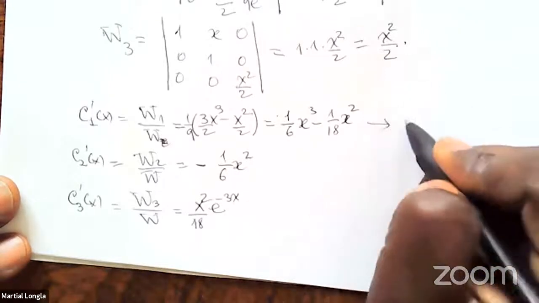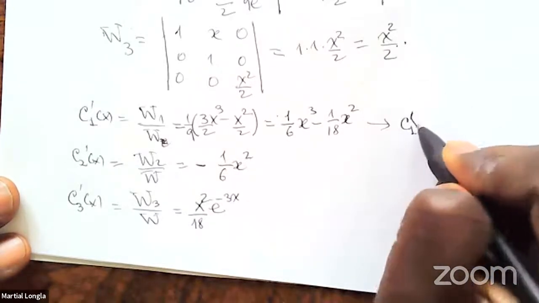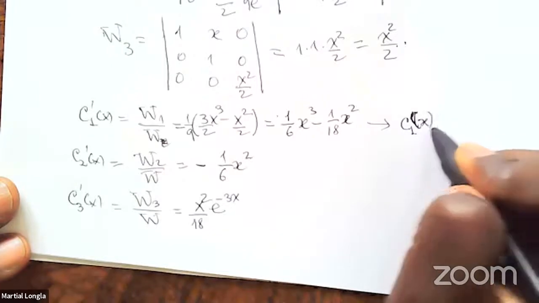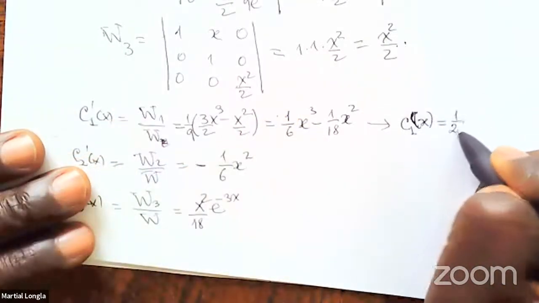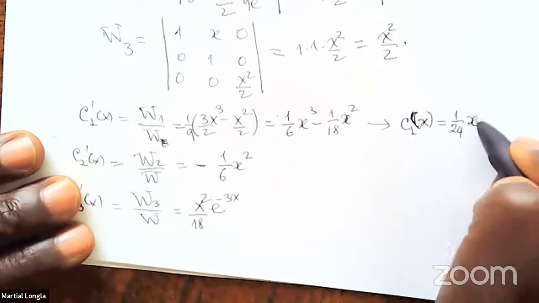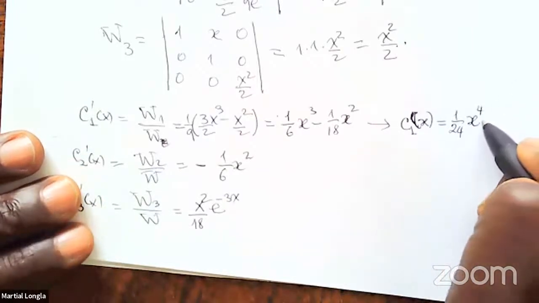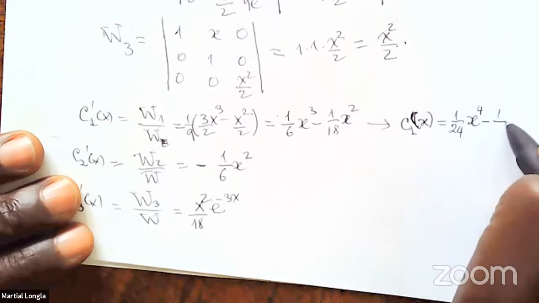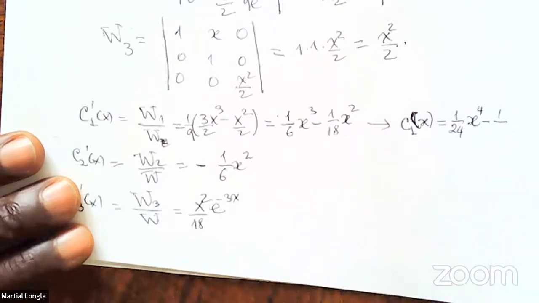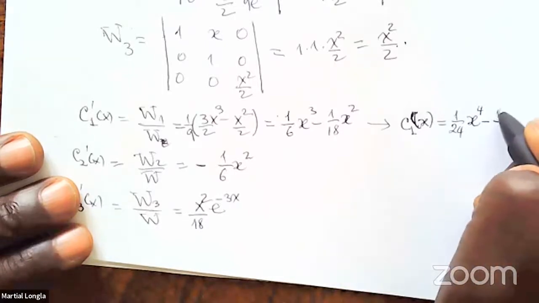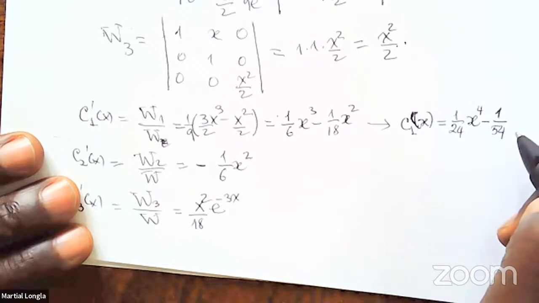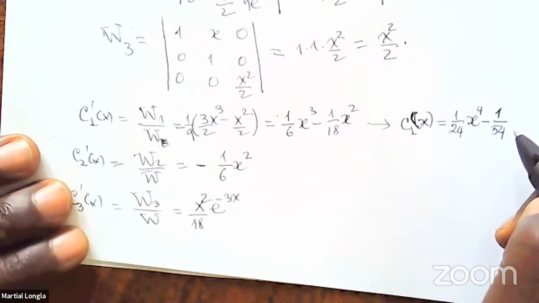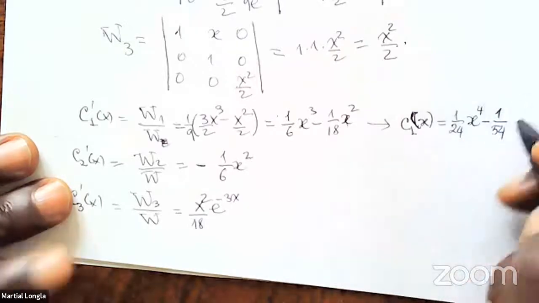You integrate this, you get c1 of x equals integral of this, which is 1/24 x to the 4th minus, and 18 times 3, that's 54, right? Are we good? The integral of x squared. Yes.